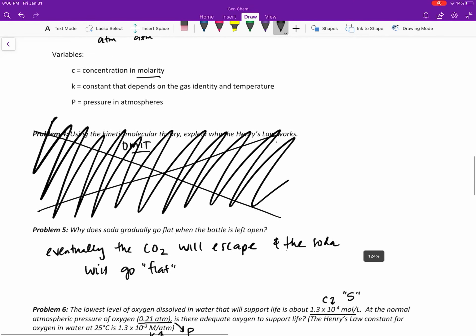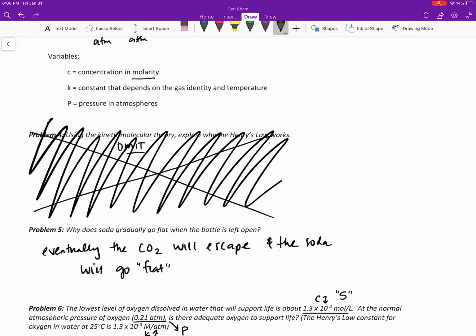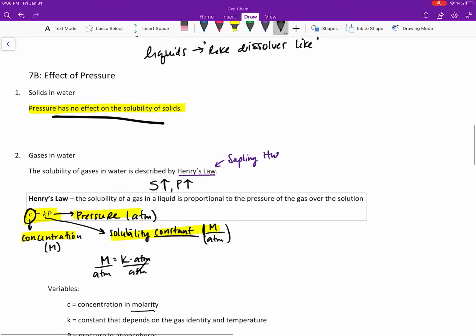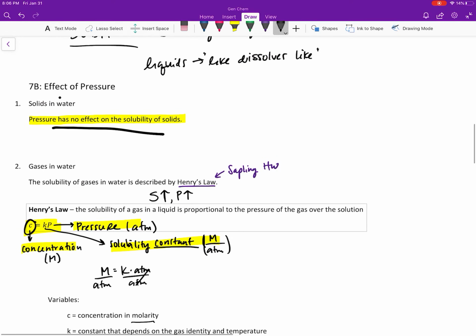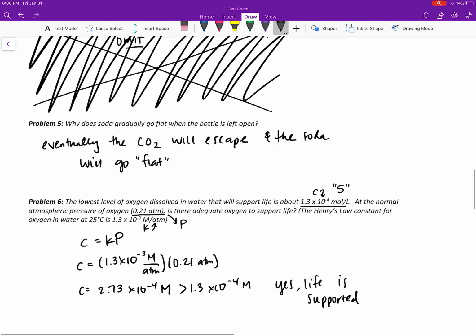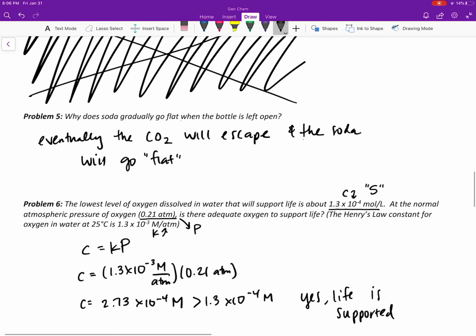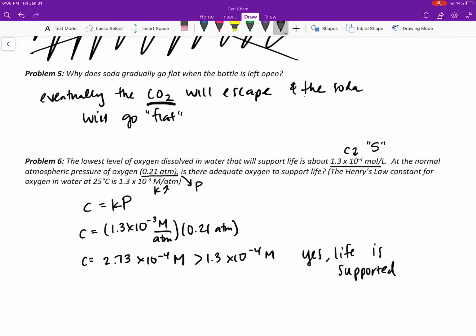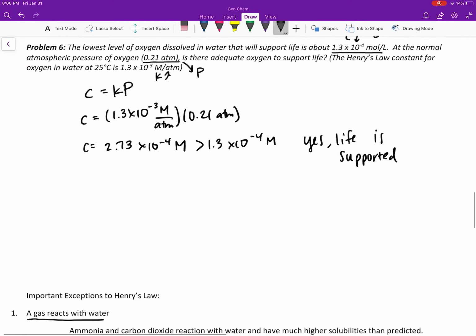We talked about not addressing the kinetic molecular theory and how it relates to Henry's law, but simply using Henry's law to explain the effect of pressure on the solubility of gases in water. We talked about why sodas gradually go flat when the bottle is left open. That's because the CO2 will escape and the soda will eventually go flat. Then we did a problem over Henry's law.